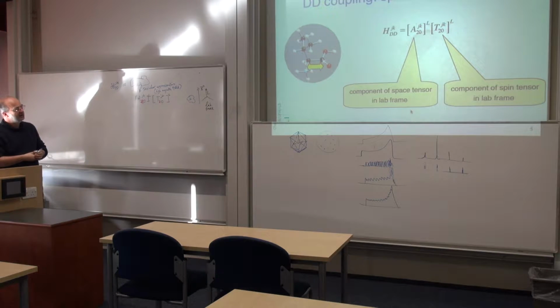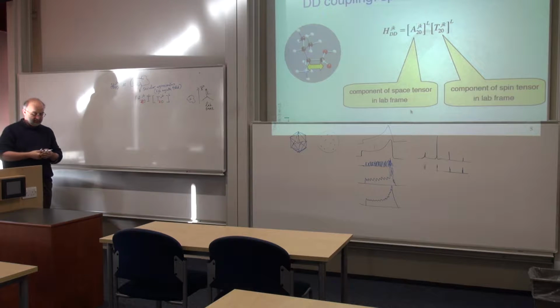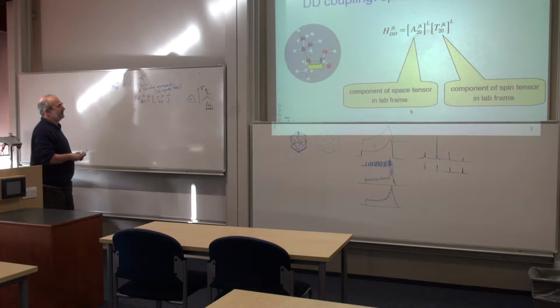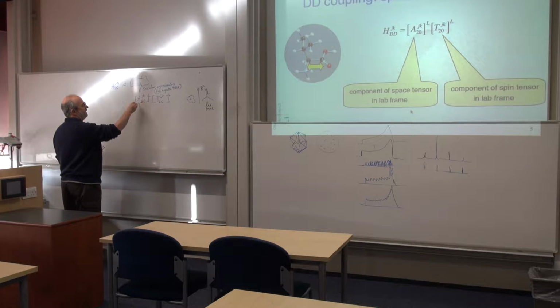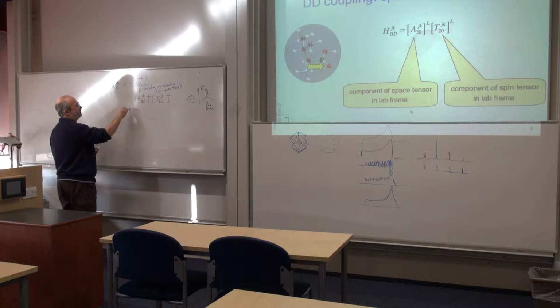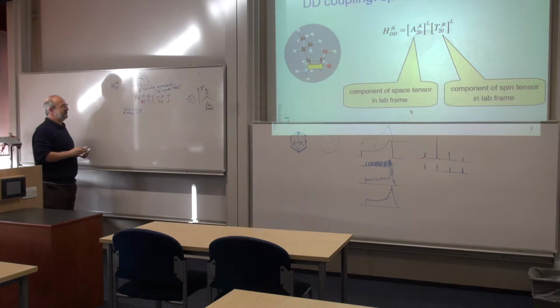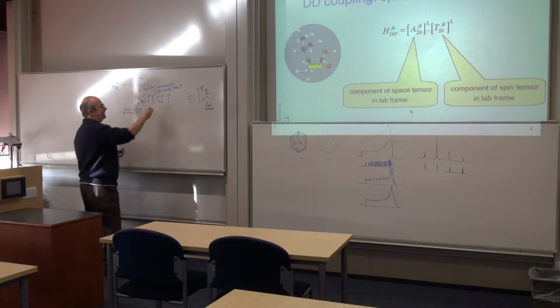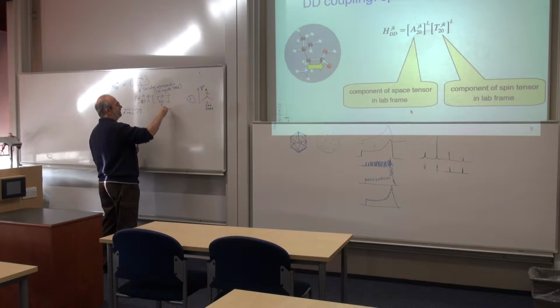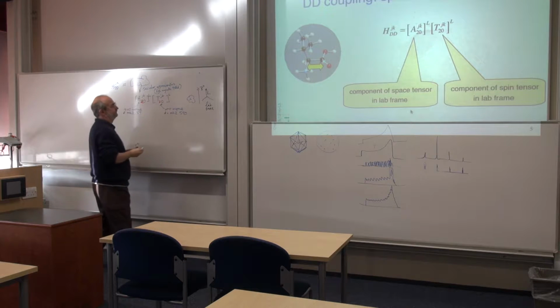So these are second-rank spherical tensors. This is the m equals 0 component of a rank 2 spherical tensor, and this is the m equals 0 component of a rank 2 spherical tensor operator.